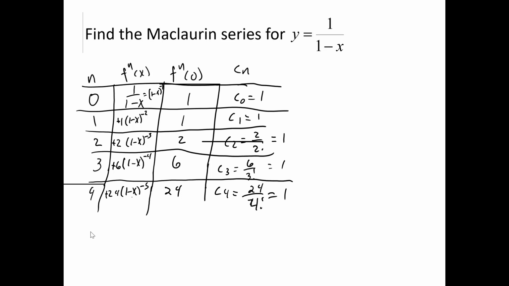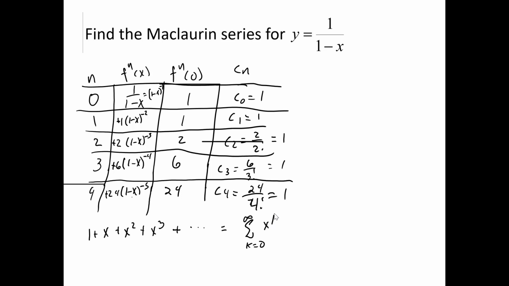So then your Maclaurin series for 1 over 1 minus x is 1 plus x plus x squared plus x cubed plus dot dot dot. You could write that in summation notation as the summation from k equals 0 to infinity of x to the k.